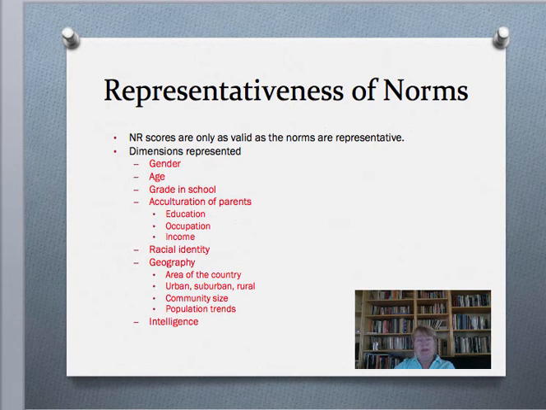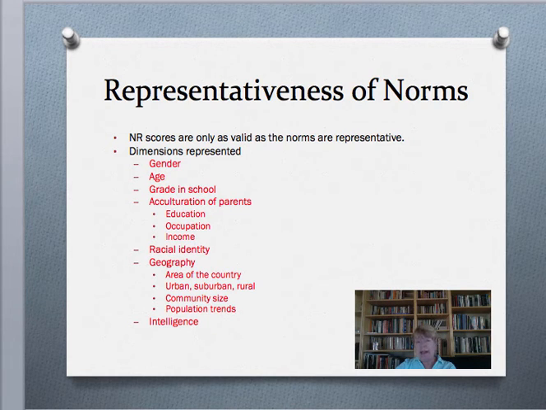Gender, so you want to see the test include both boys and girls. Age, you want to see a test with a wide range of ages, especially the age of the students that we're testing. We want to look at grades as a representation of students. If you're testing fifth graders, you want to see that fifth graders were included in the development of norms. Acculturation of parents. Who are the parents of these children?